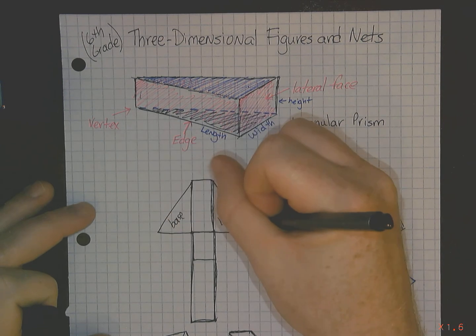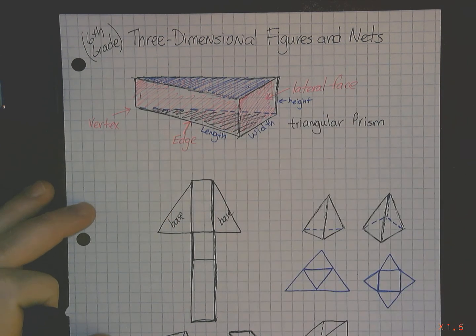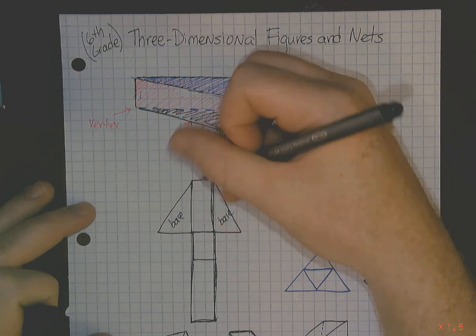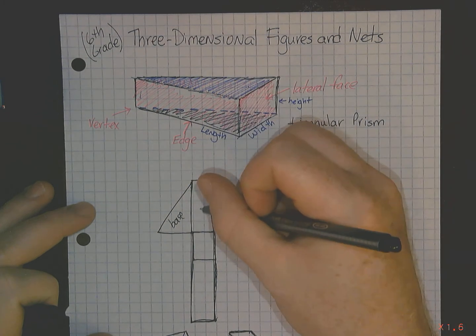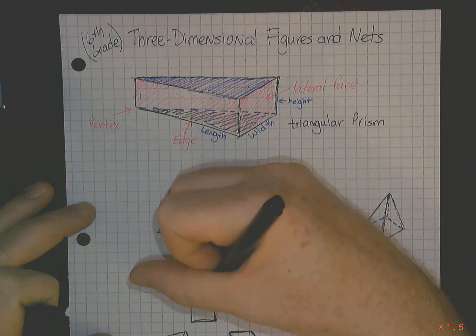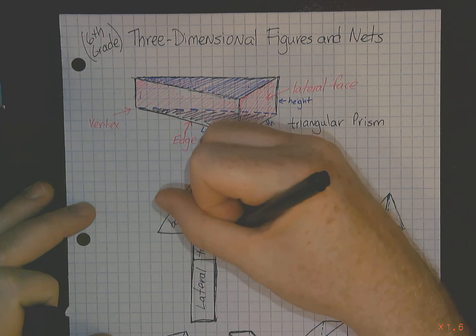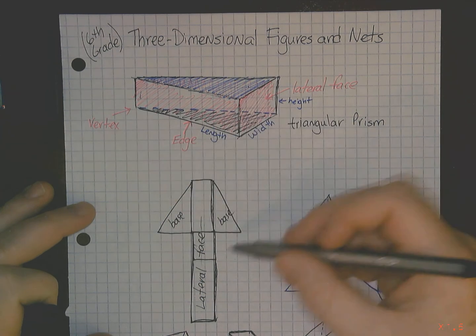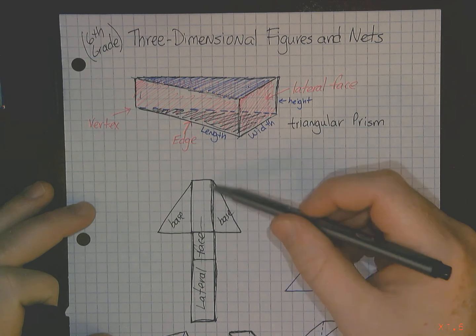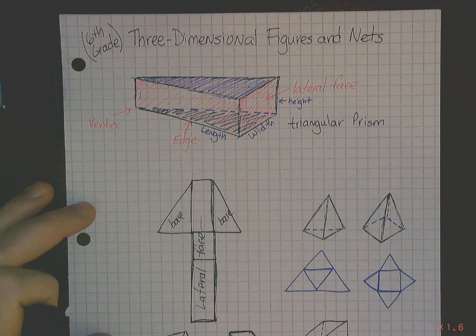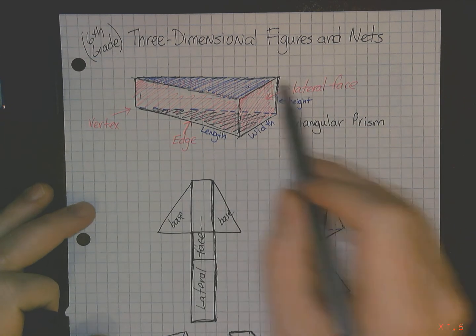You've got another base here, which is a triangle. These are triangular shapes. You've got the lateral faces, which is what this is. And your lateral face is comprised of basically three rectangles, a small rectangle, a longer rectangle, and a longer one. That longer one's going to be in the back here.